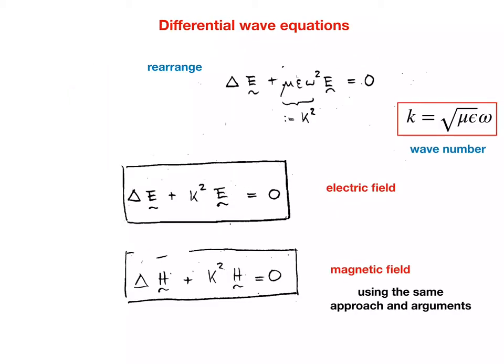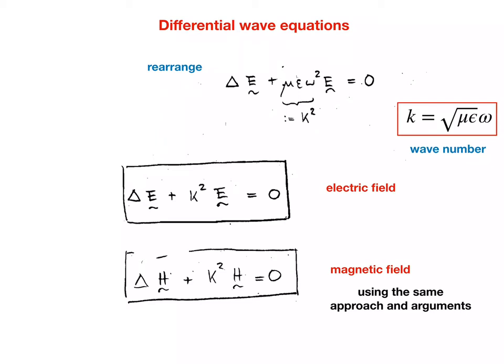The differential equation in the red rectangle is in fact a wave equation. This is obvious if that equation is rearranged as Laplace of E plus mu epsilon omega squared times E equals 0. The parameters mu, epsilon and omega squared can be combined as the constant k squared, which we interpret as the wave number squared.